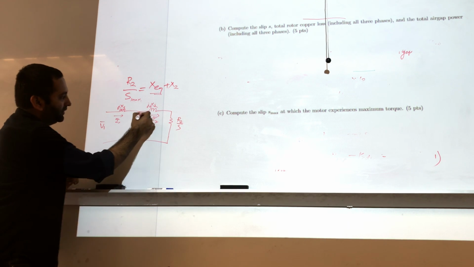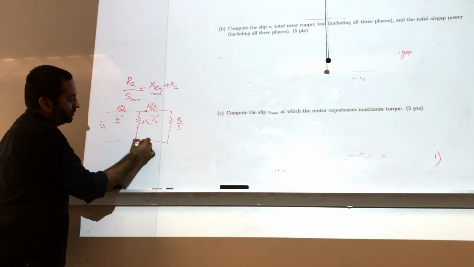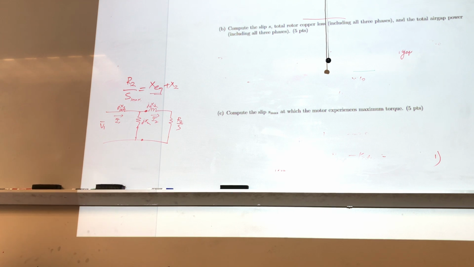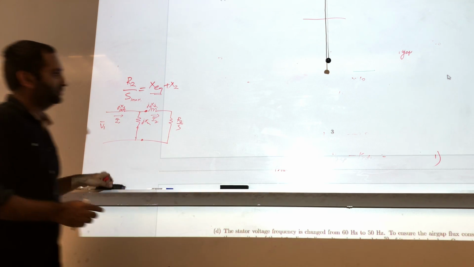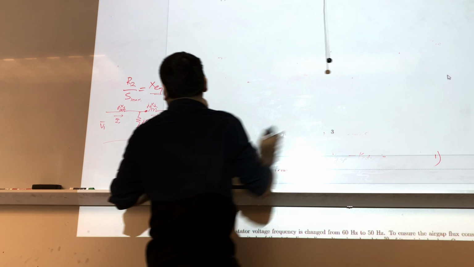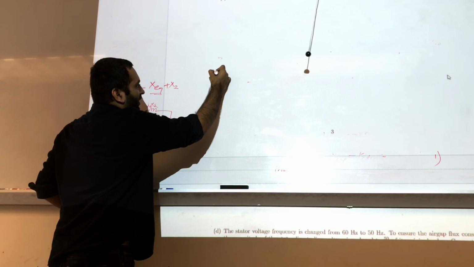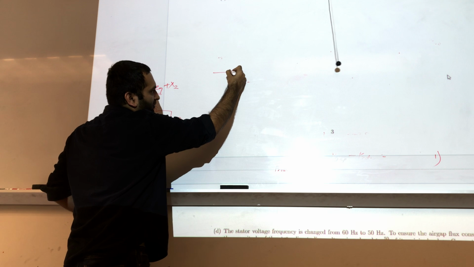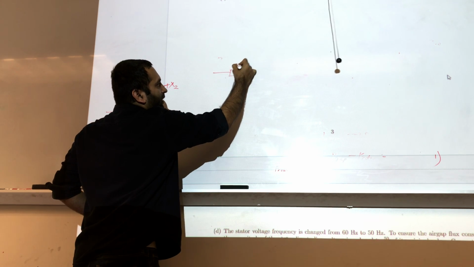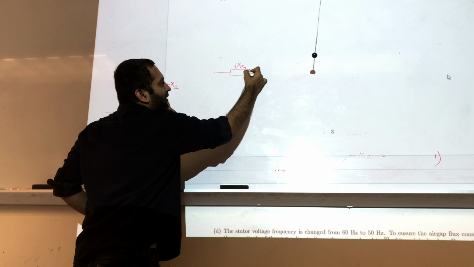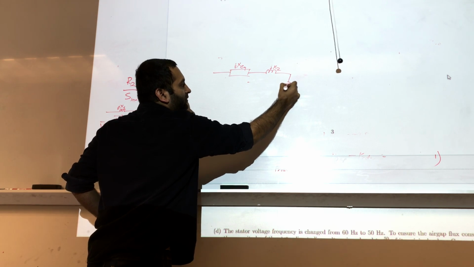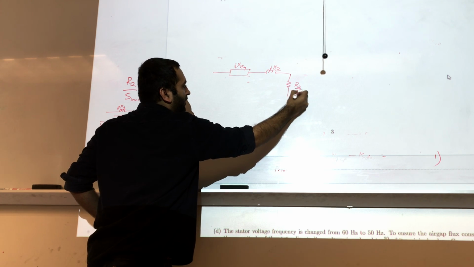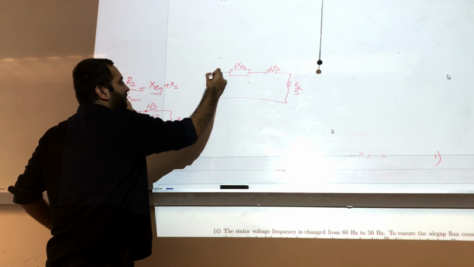So to find the X equivalent, if you remember the class notes, you have X equivalent like this. So this is X equivalent and this is jX2, this is R2 over S and this is V1.